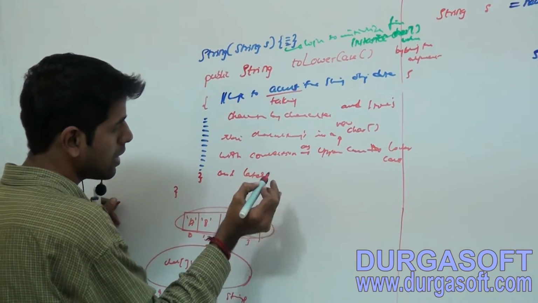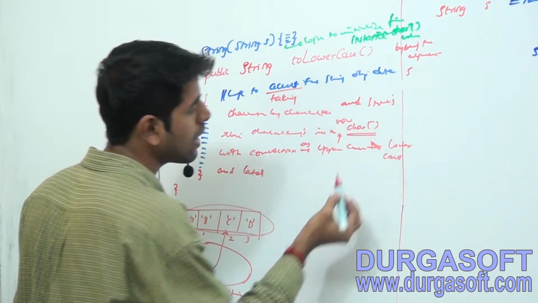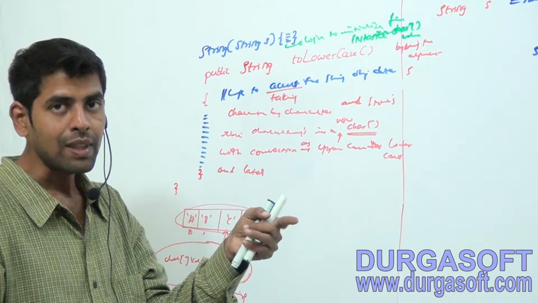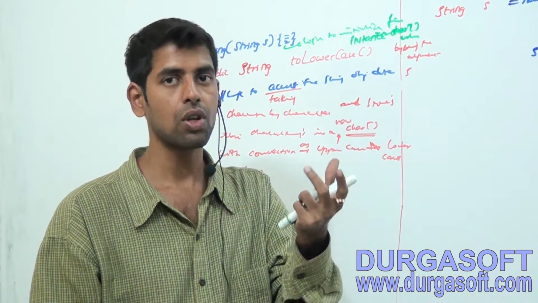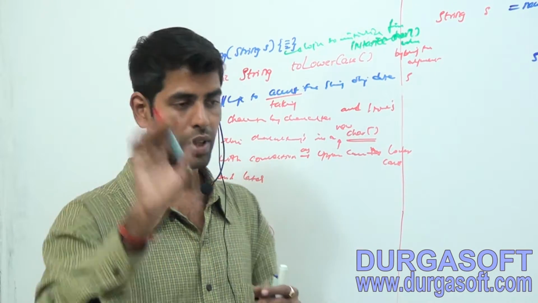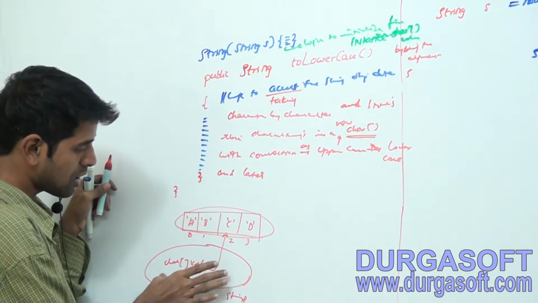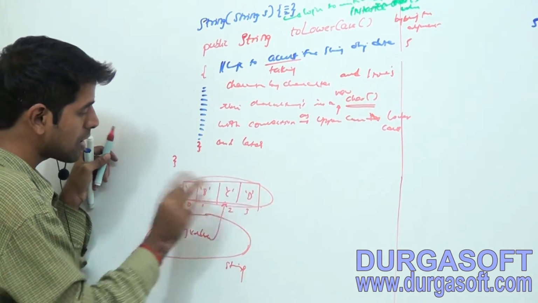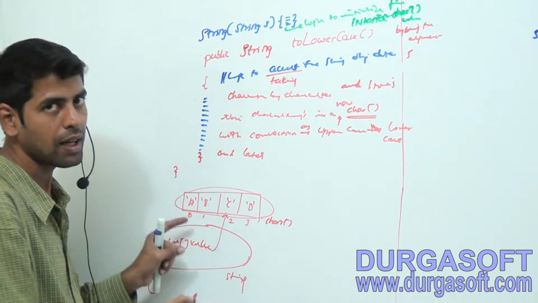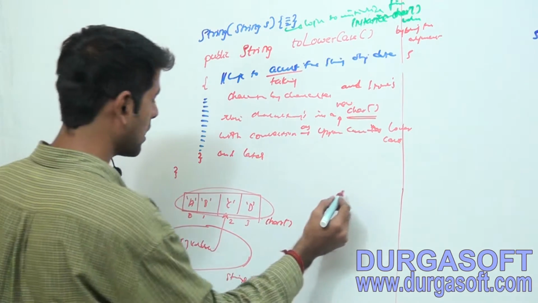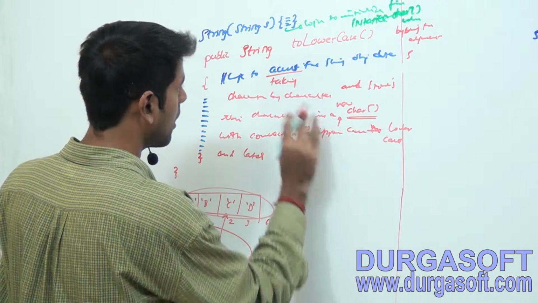And later this new char array will be used as string object data. Observe friends, small thing. This is the string object. This is a char array or not? Yes sir, this is a char array only. Now think what happened?